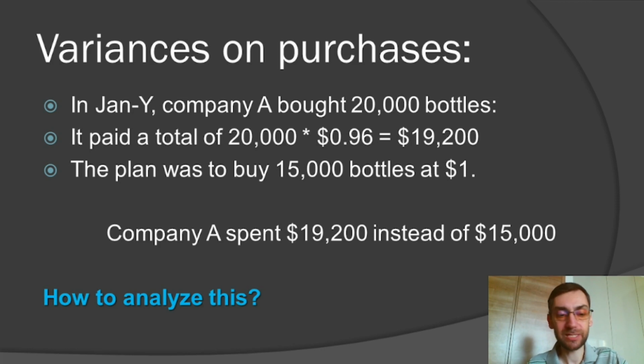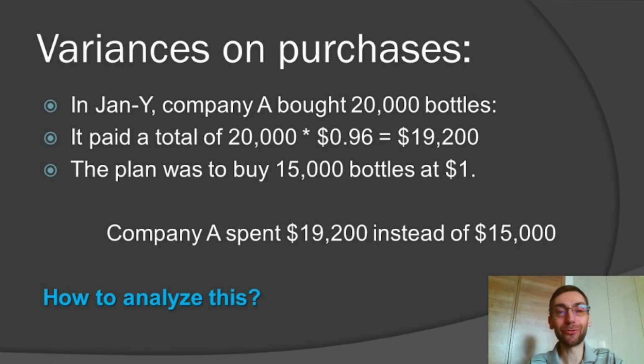Considering that it's two full pallets, I apply my $96 per 100 price, and so you pay for 20,000 bottles at 0.96 per bottle, so a total of $19,200. However, you planned to buy only 15,000 bottles at $1, which is $15,000. So it turns out that you spend $19,200 instead of $15,000.